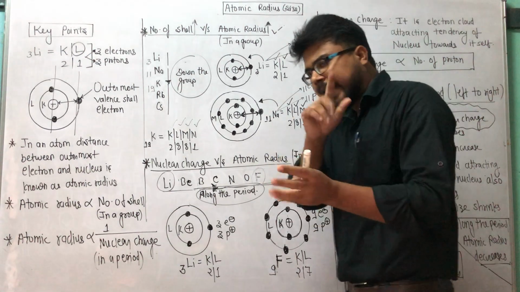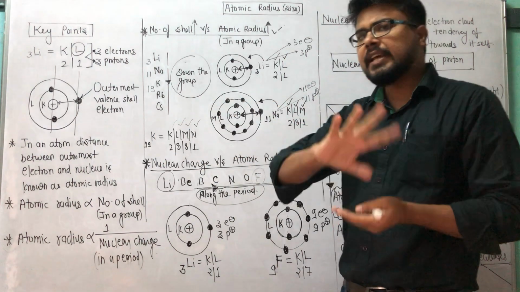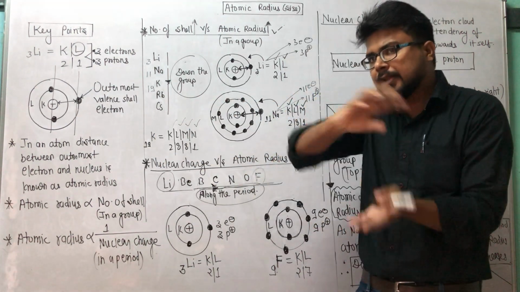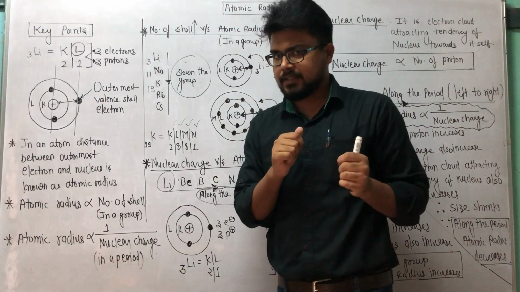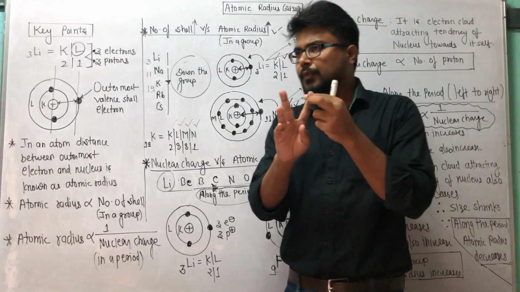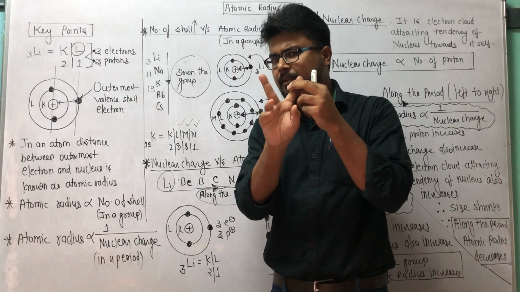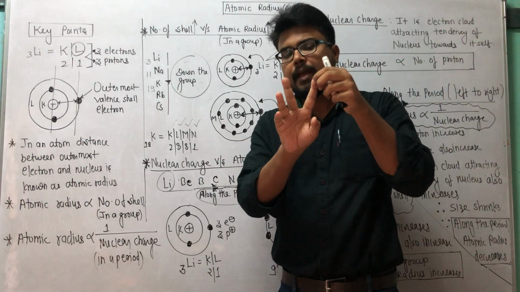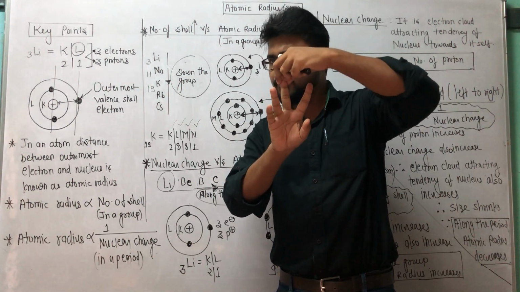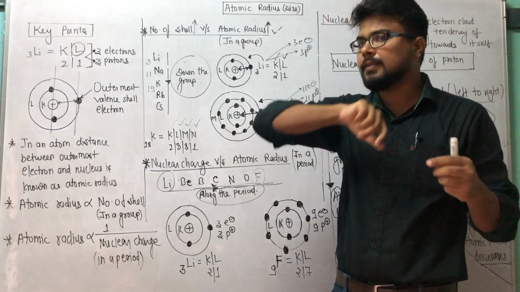So students, I would like to focus on this concept, nuclear charge. Nuclear charge, if I go for further postmortem, means charge of the nucleus, correct? And what is the nucleus? The nucleus is the combination of 2 particles, number 1 proton, number 2 neutron, and around the nucleus electrons revolve, correct?